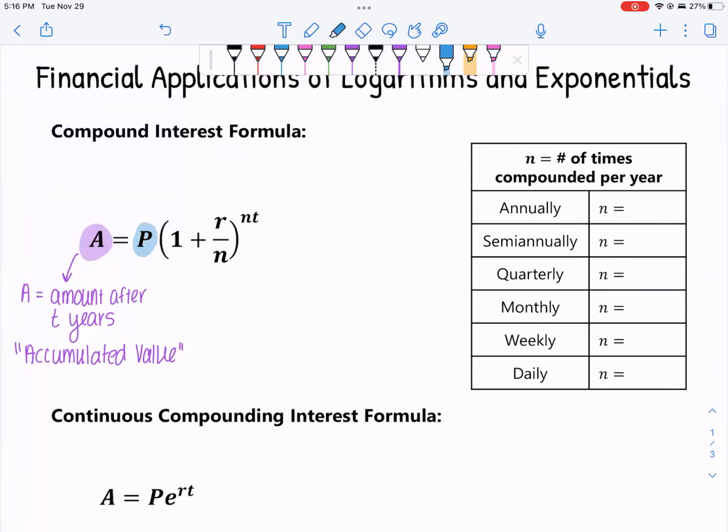This P out front is principal. P is equal to principal. That's the amount initially invested. How much did you invest into your savings account at the get-go?